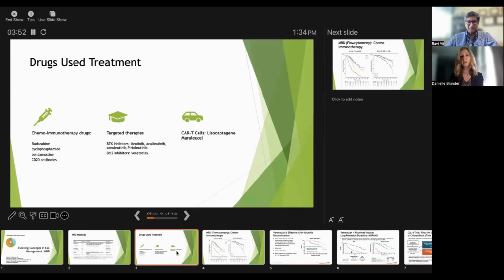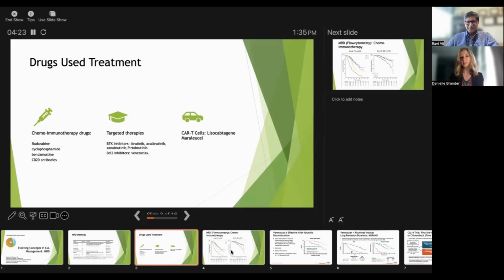The main two classes of targeted drugs that we use for CLL are the BTK inhibitors, first and second generation, and now we have non-covalent BTK inhibitors. And then the approved BCL2 inhibitor is venetoclax, which as a first treatment is paired with the antibody obinutuzumab, and in the relapsed refractory setting was approved with rituximab, though we also use it with obinutuzumab in the relapse setting as well.